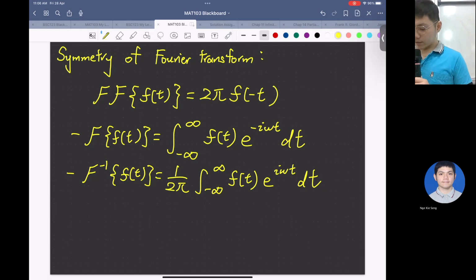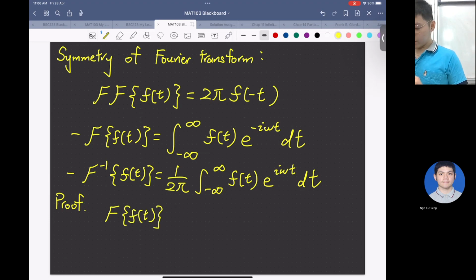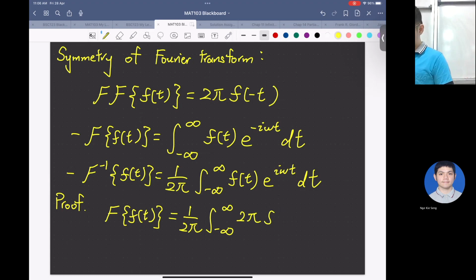What you can do is divide by 1 over 2 pi and then multiply by 2 pi. Then you change the variable from t to minus t, and then you get this integral here.